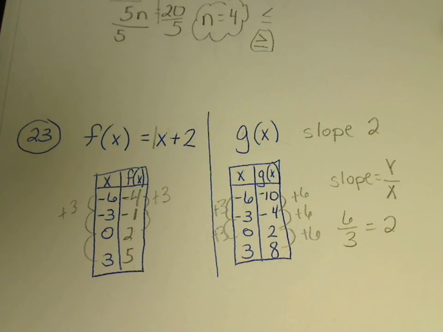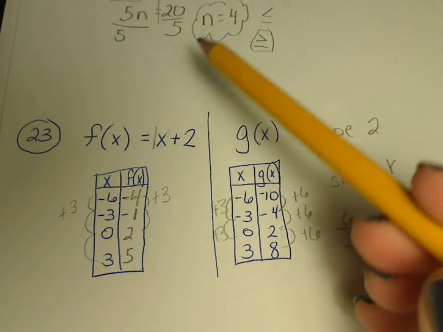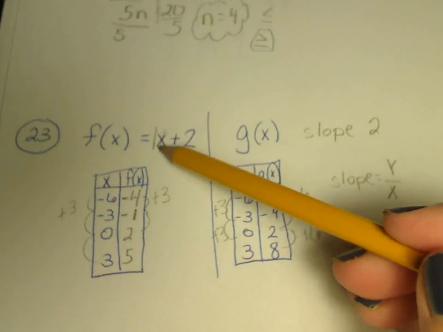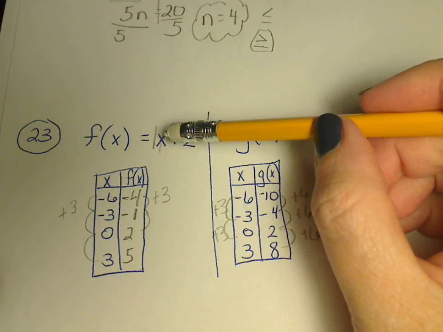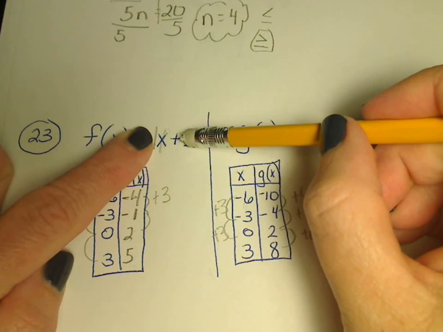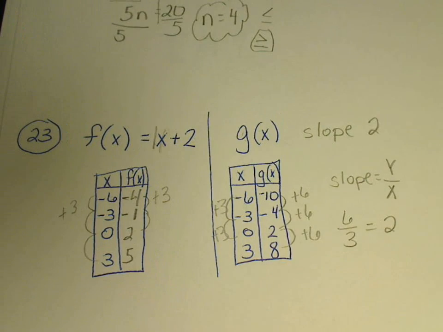Okay, here's another answer. x has a value of 1 when f of x is 3. So that's saying that this x has a value of 1, and that would make this 3. Well, yes, if this x is 1, 1 plus 2 is 3. So that one's true.